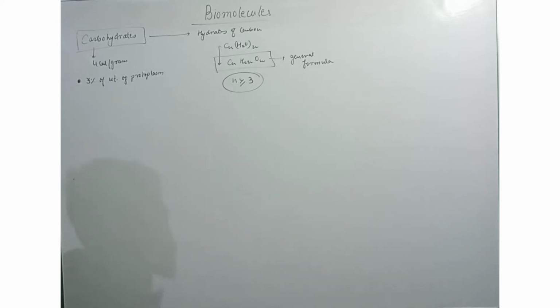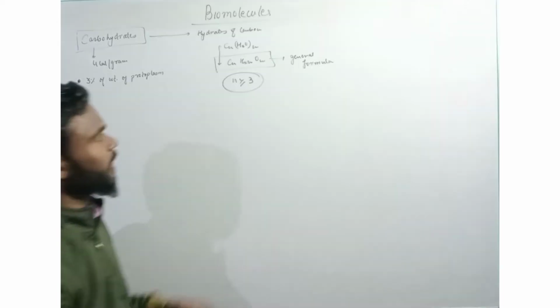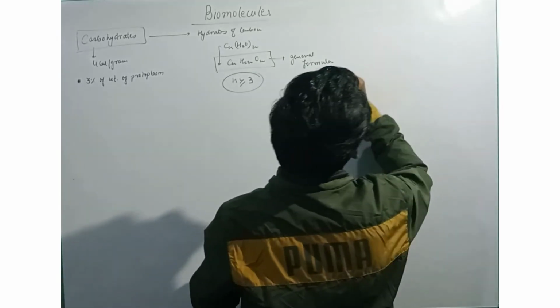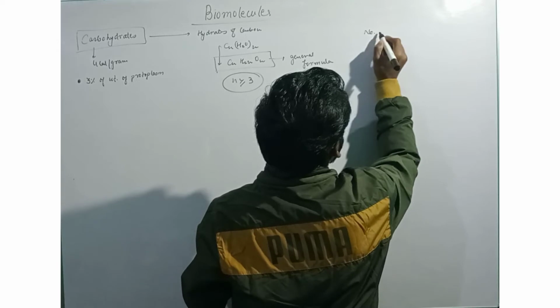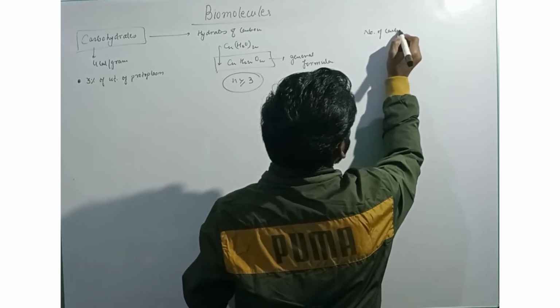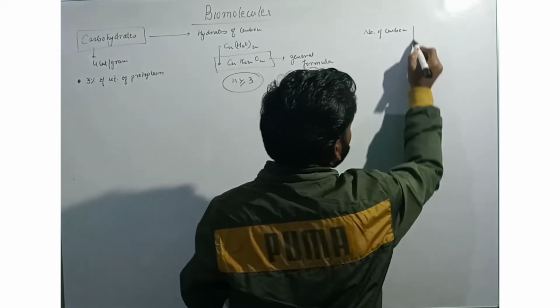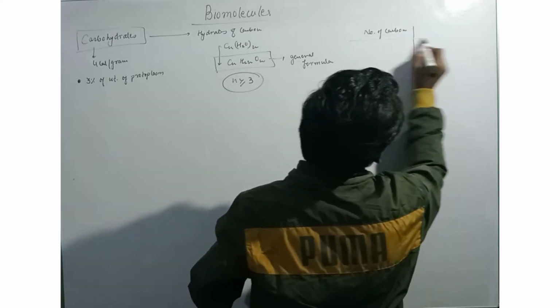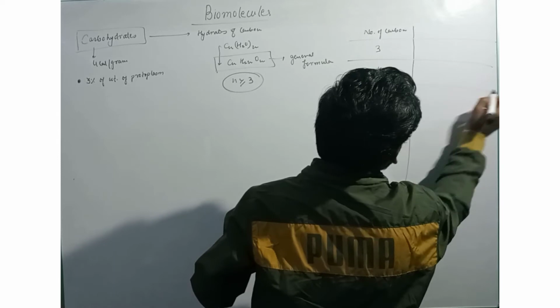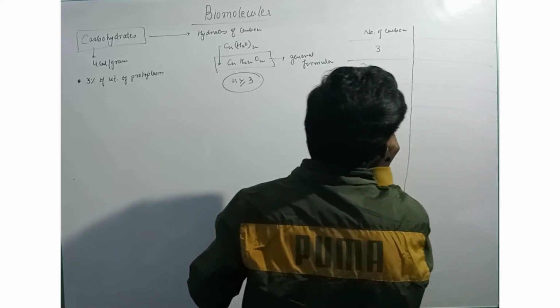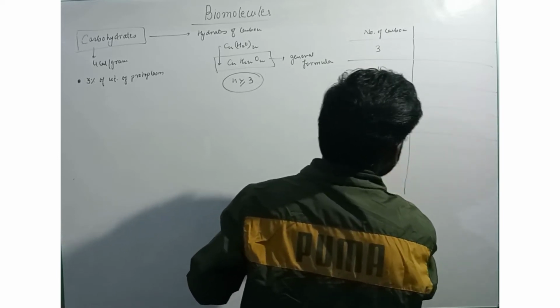Now let's see some monosaccharides that will start from 3 carbon. Here the number of carbons is written as 3, 4, 5, 6 and 7.